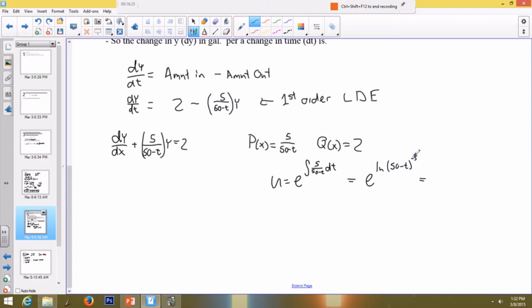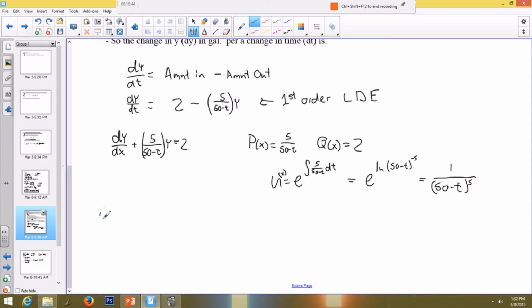I got a negative exponent, it's going to make it positive. Those 2 cancel, so I'm going to end up with 1 over 50 minus t to the positive 5. So that's our integrating factor. There's our u, and this should be u of x.